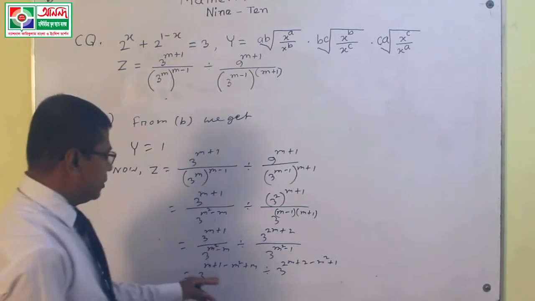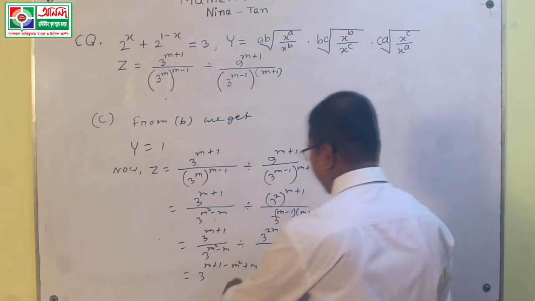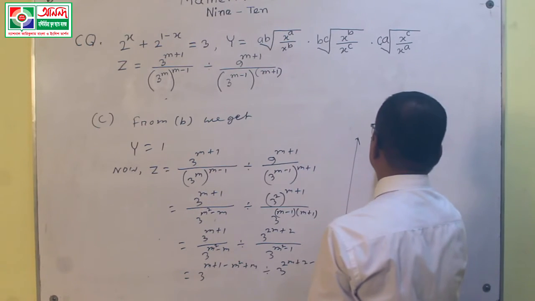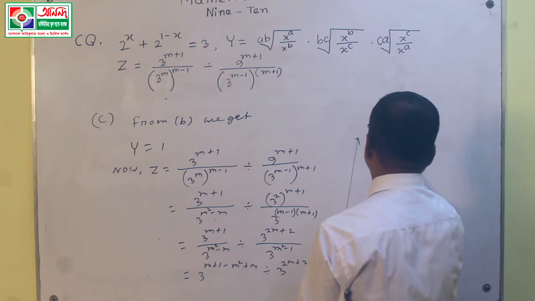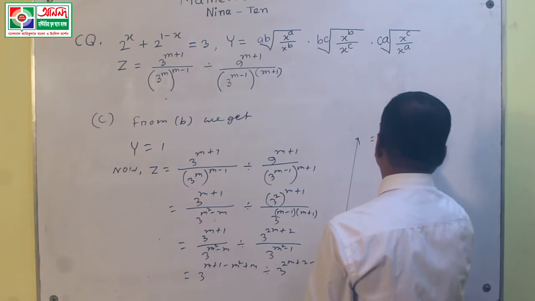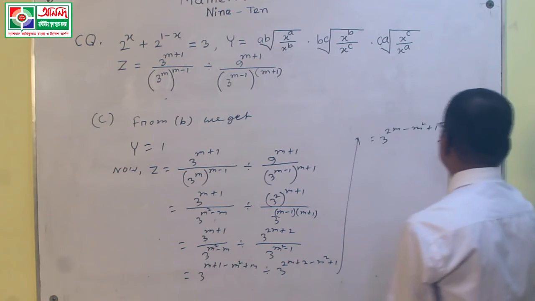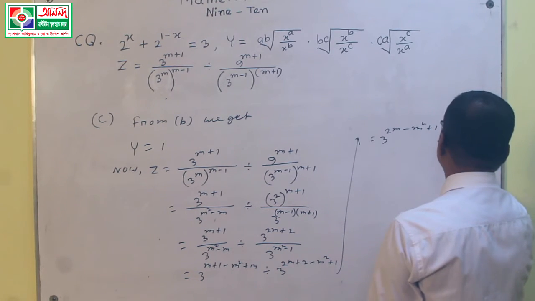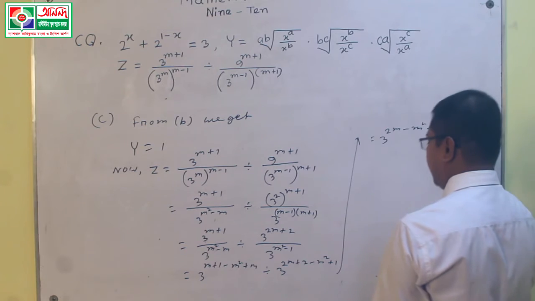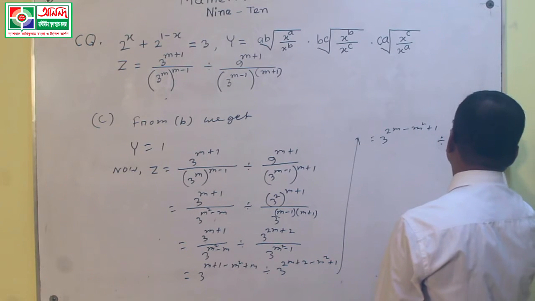Same way we can do this. Here look at m, and we can write here 3 to the power m plus m, 2 to the power m, and we can write minus m square plus 1 divide here 3 to the power 2m minus m square and plus 2 plus 1 plus 3.